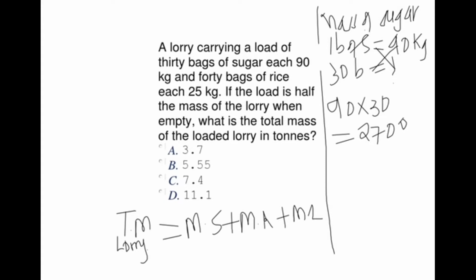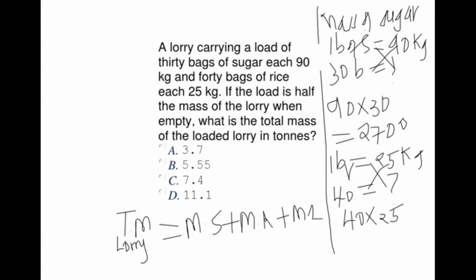2700. Then for rice, we have one bag of rice equals 25 kg. What about 40 bags will be equals to how many kgs? So we have 40 times 25 to give us 4 times 25 is 100 times 10 is 1000.